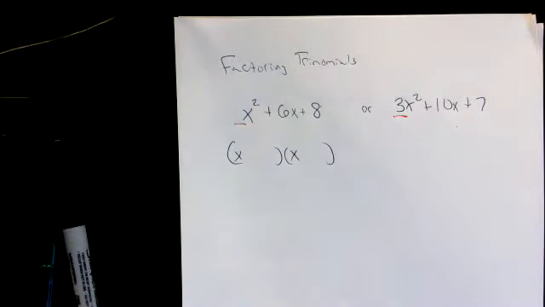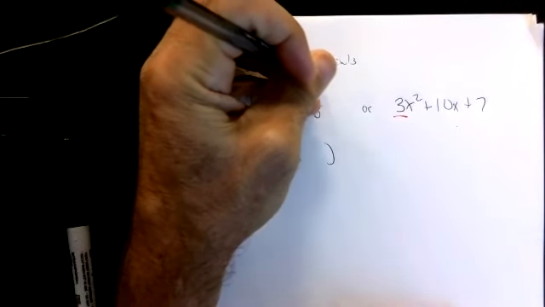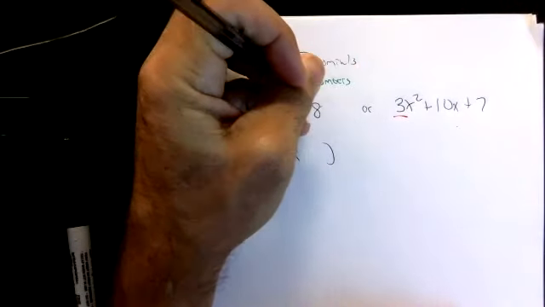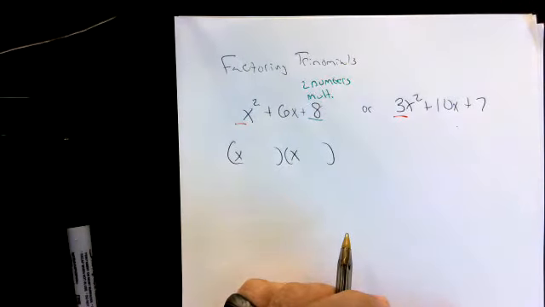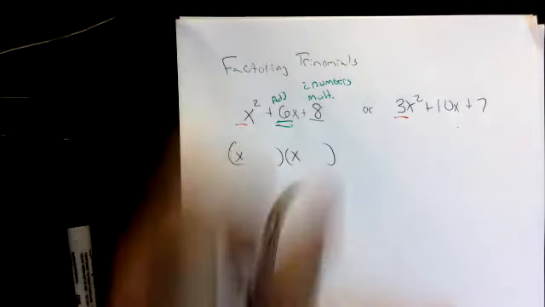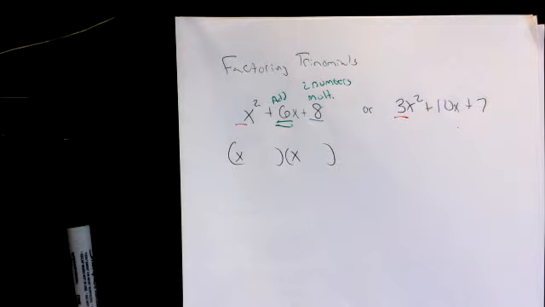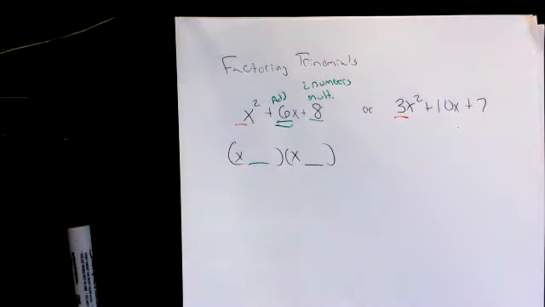So really, to factor this, all we have to do is figure out specifically what two numbers will multiply to get 8, but they also add to get 6. And that's going to be the numbers that are going to go here and here.